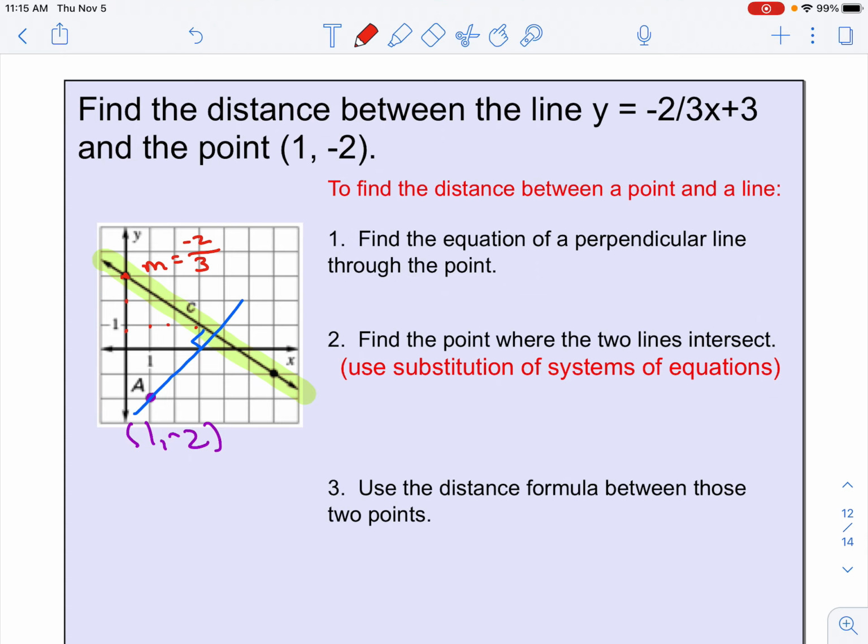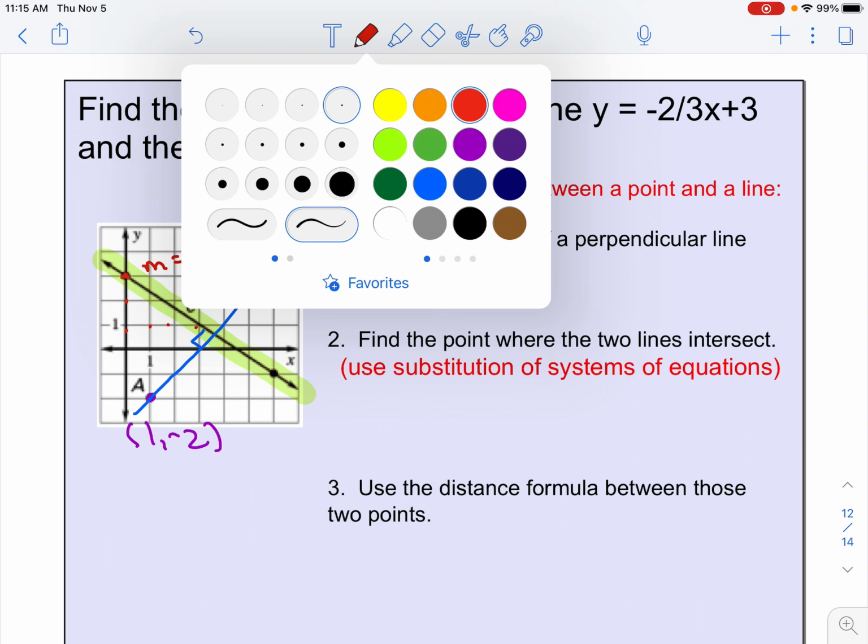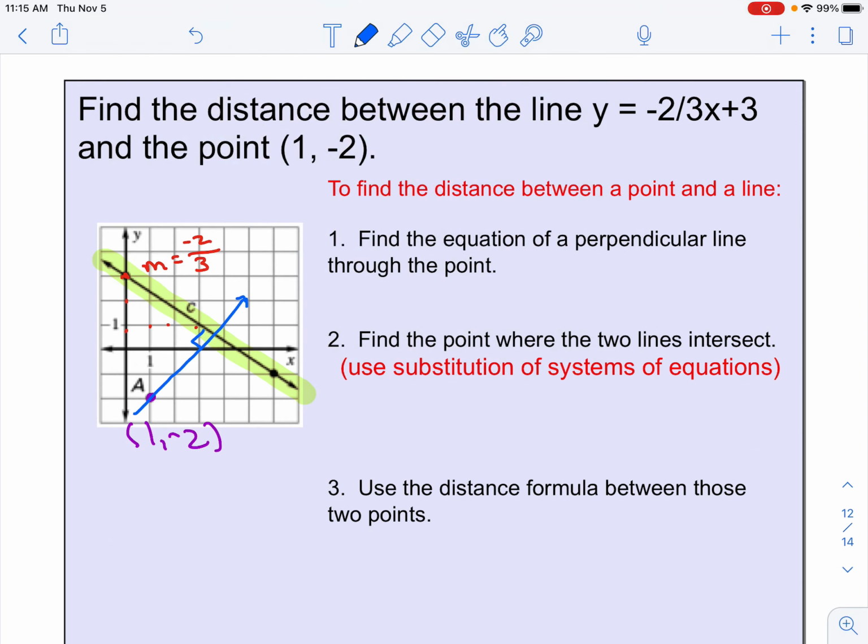So the slope of the perpendicular line right here will be the opposite reciprocal. So now I can take the slope, and I can take the point that I'm given right here to write this equation. So I can take the slope and this point to write an equation.